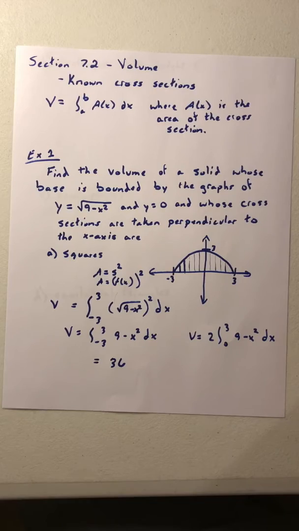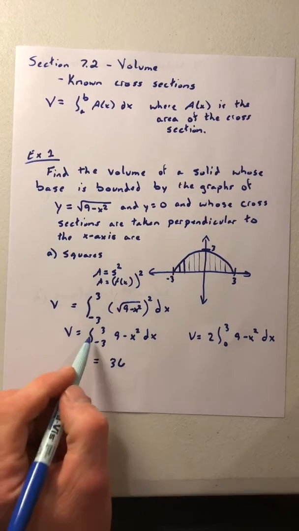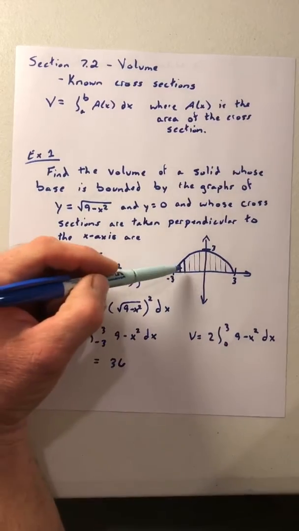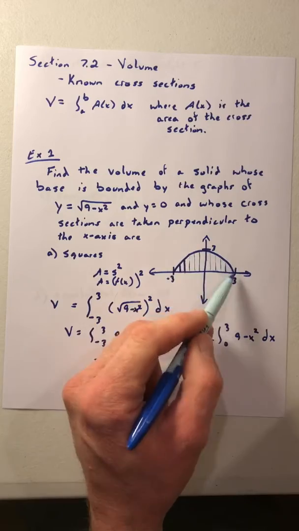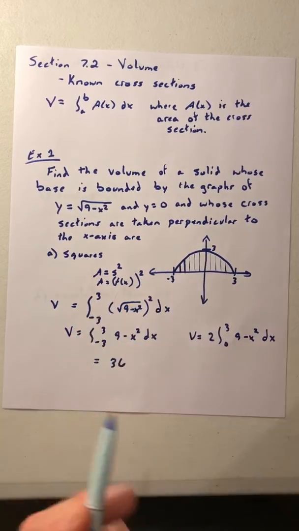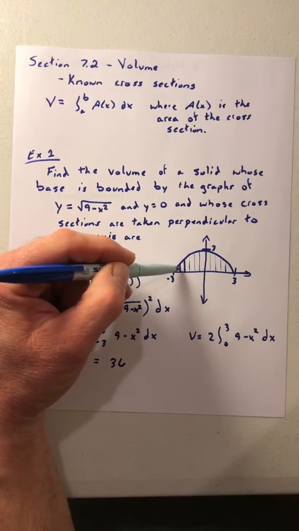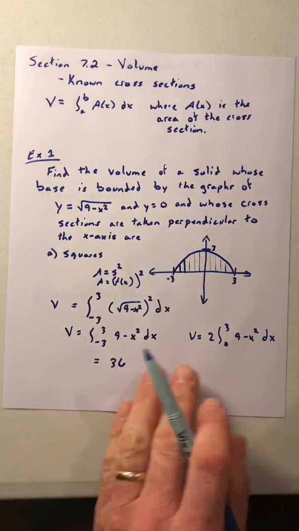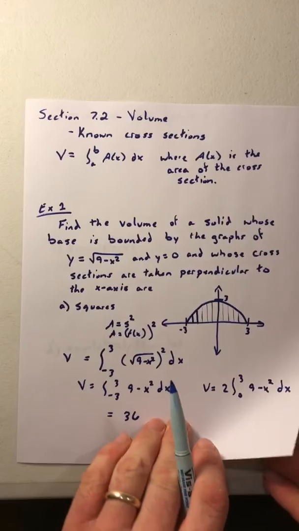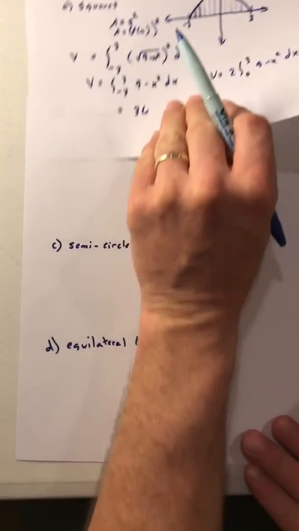Notice we don't have a pi in our volume with this one. We don't need the pi in there because we're not working with circles. Yes, we have this radical here that looks circular, but each of these cross sections is just a square, and we don't have pi within a cross section of a square for the area.